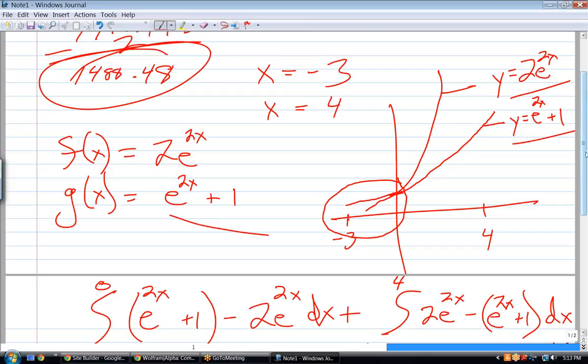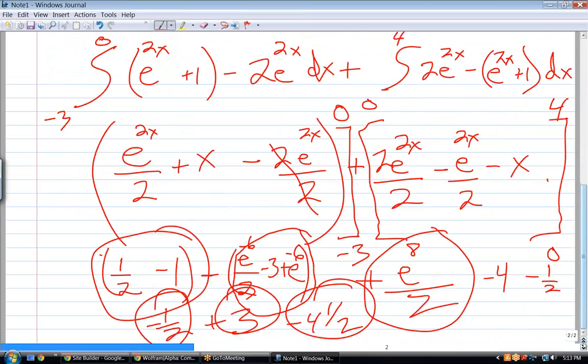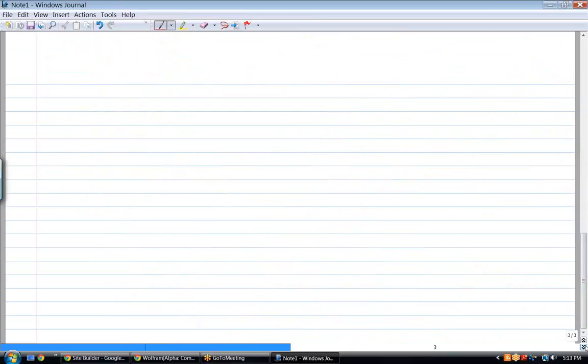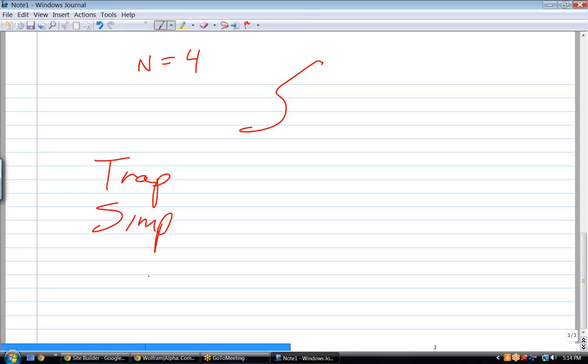All right. So the next question says, use n equals 4 to approximate the value of the integral by the following methods: trapezoidal rule, Simpson's rule, and find the exact value by integration.